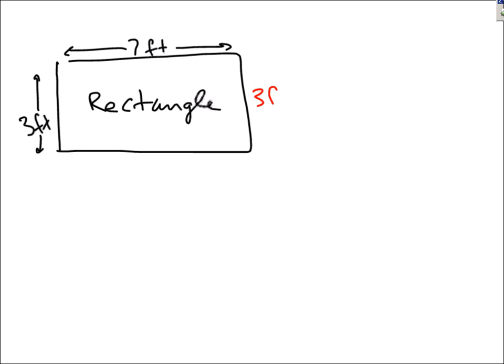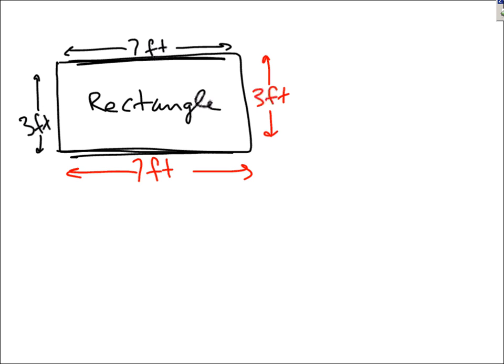Well, you should also know that that's also 3 feet. What I'm putting in red is things that we figured out on our own. The bottom is 7 feet. Why? Because the top and the bottom are exactly the same. The left side and the right side, they're exactly the same.